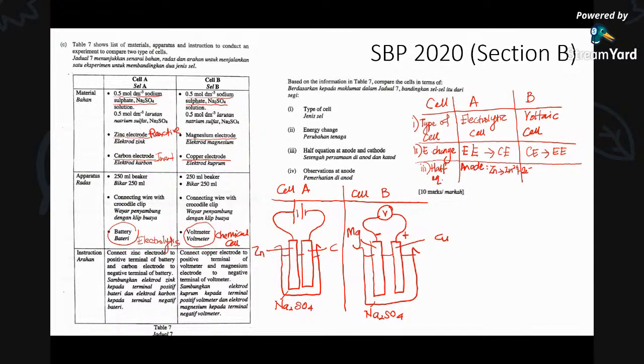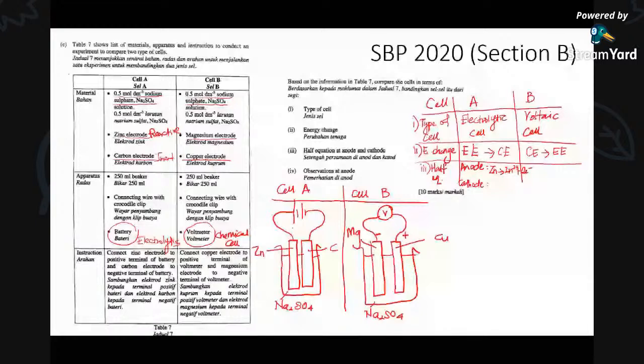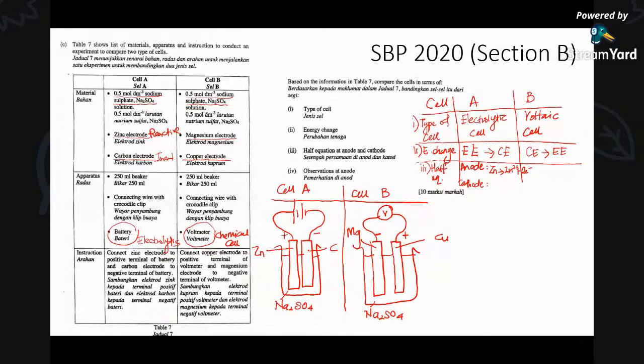Okay, the next one is cathode. So what happened at cathode? So cathode, if you see, this is the positive terminal, this is the negative terminal. So at the cathode, if you see reduction, okay, reduction is taken place. Okay, so who will be attracted to the negative electrode over here?